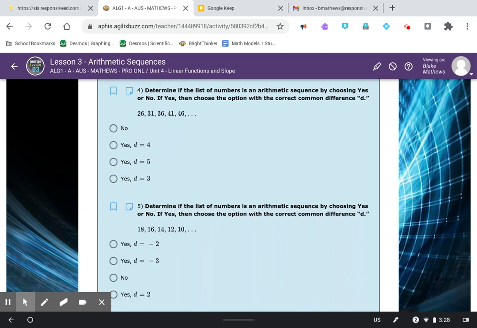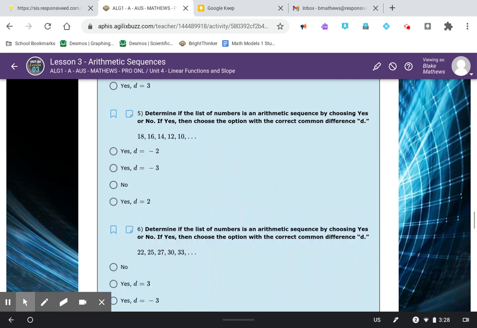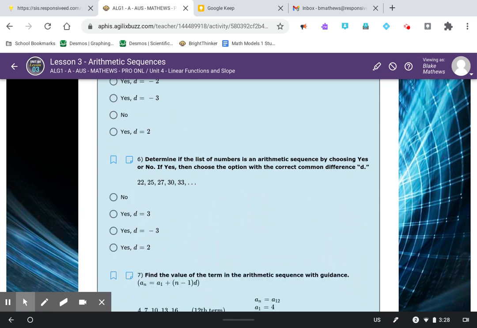You need to check that every number is the same distance from the previous number, and then choose the answer that has that number. If the change is not consistent, then you need to choose no. That's what you do for number 4, number 5, number 6: confirm that the change is consistent, and then choose the answer that has the correct common difference.